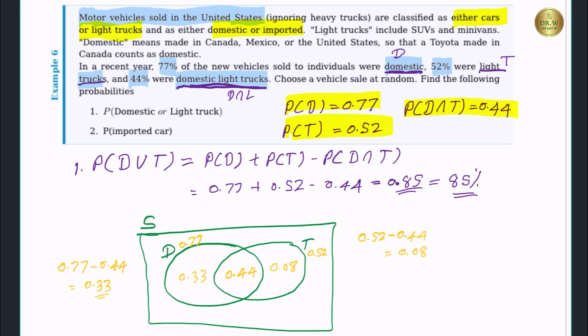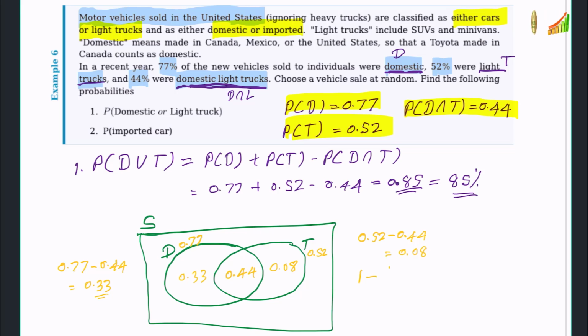We are not done yet. Don't forget the area out of the circles. So how do we find the area out of the circles? We know the sample space is S and probability of the sample space is 1. It means this here rectangle, right? So that is 1.